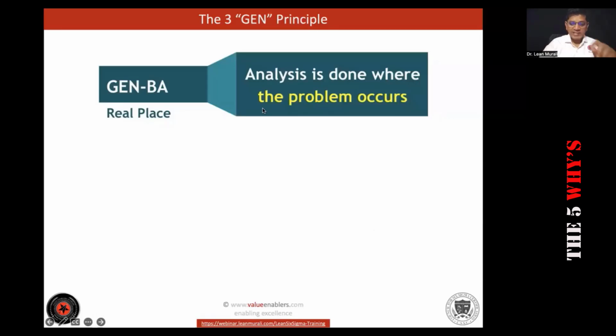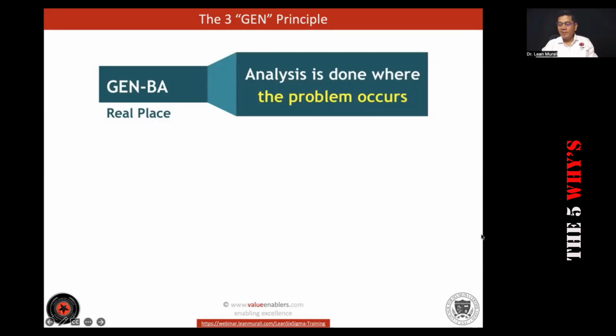So if an accident happens, you should go to the spot of the accident. That is called Gemba. If a murder or a crime happens, you should go to the scene of the crime. That is Gemba. When a product is rejected, that means it has been murdered. Or when it is reworked, that means an accident has happened.